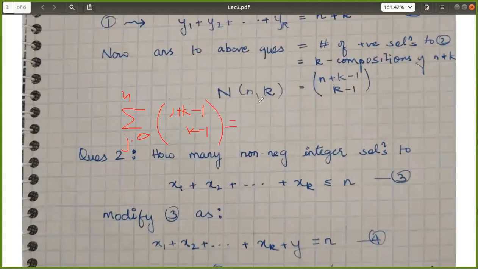This actually is going to be n plus k, choose k. You see what I did? I don't know if my handwriting is even in the vicinity of being understandable.